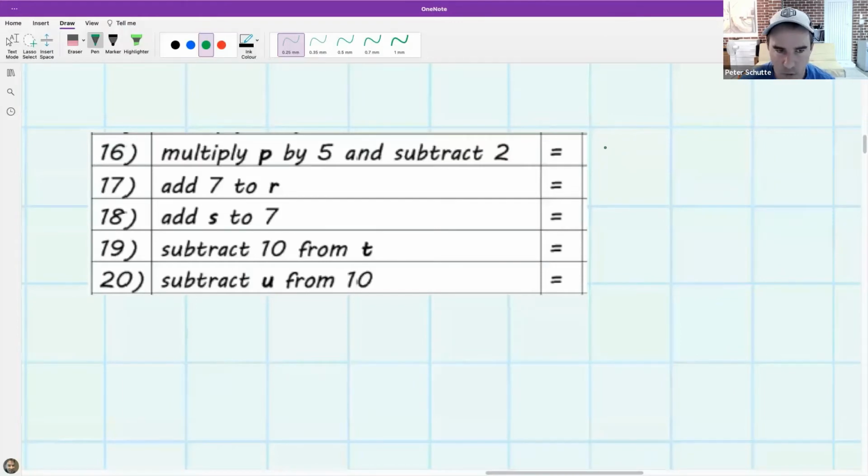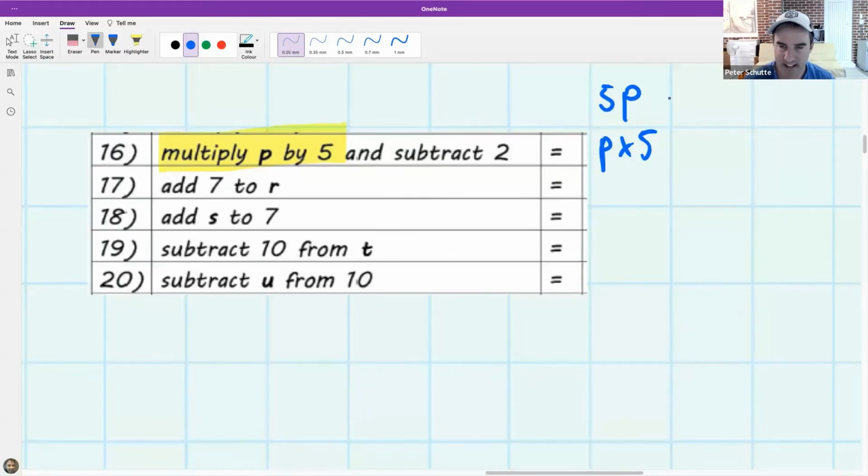Let's write down the answers to some of these. In this first one, it says multiply p by 5. Multiplying p by 5 can either be written as p times 5, or as 5p. Both of those are correct.